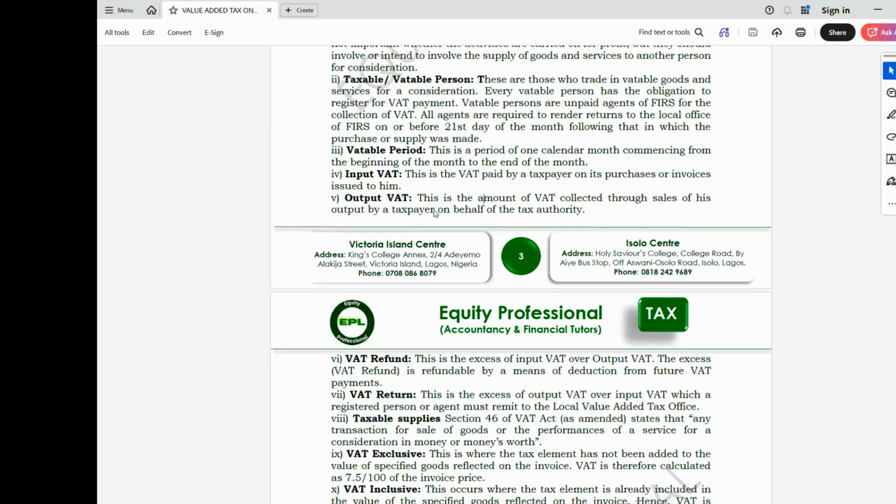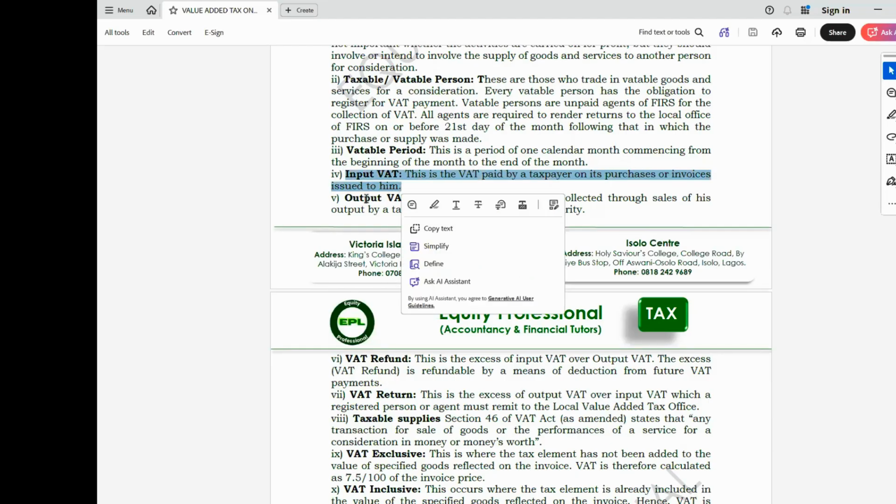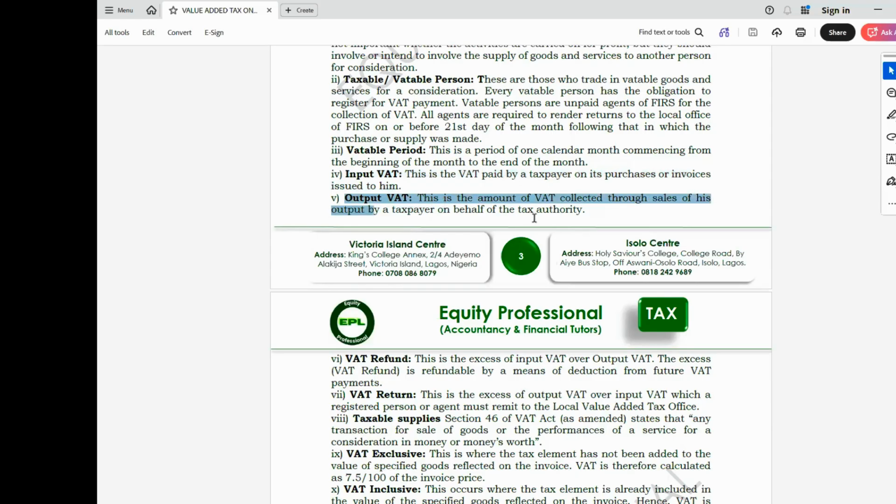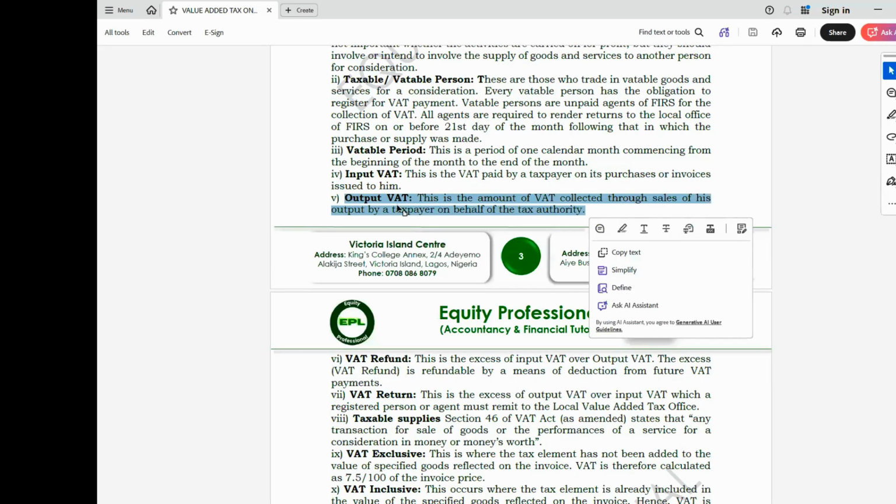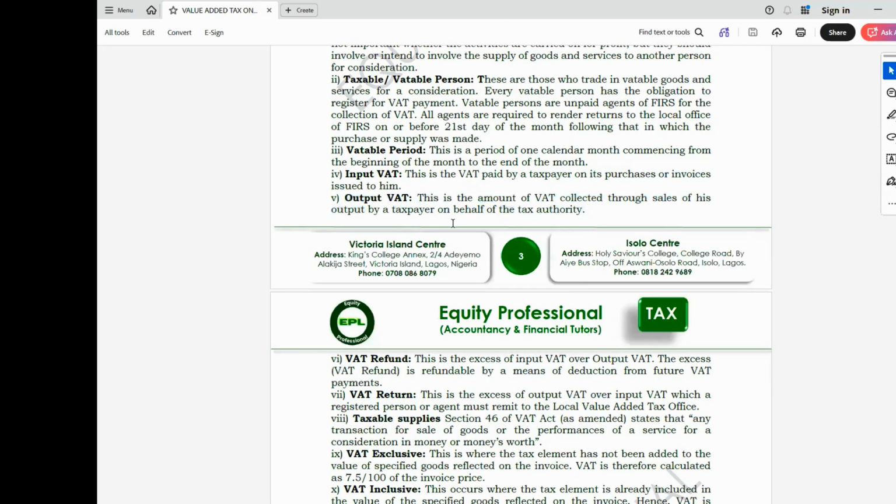As I said earlier, input VAT is the VAT you suffered on your purchases, while output VAT is the VAT you collected from your sales. If your output VAT, that is the VAT you collected, is more than the VAT you suffered in any month, the difference is called VAT payable, or a VAT return.